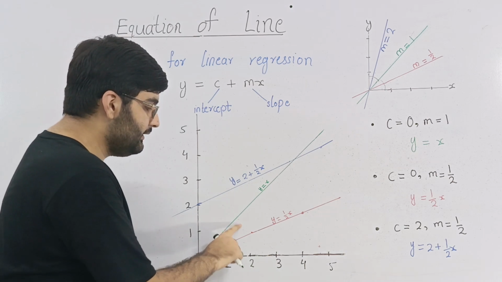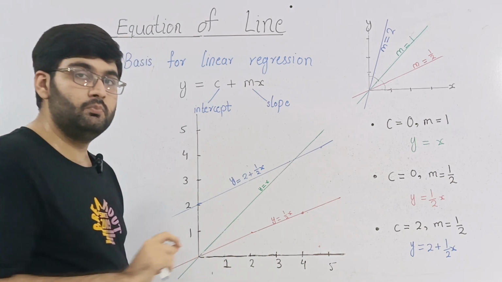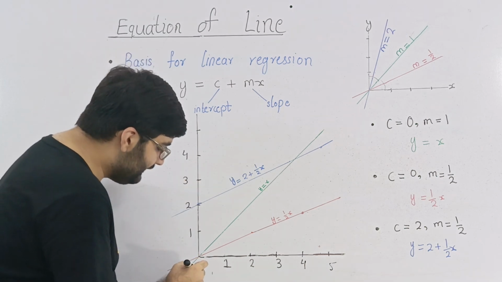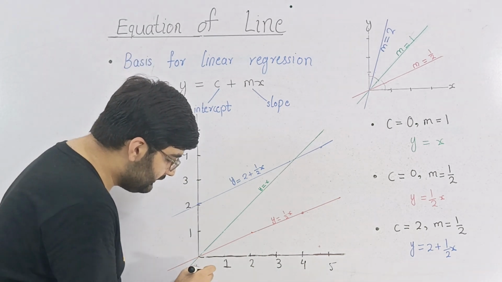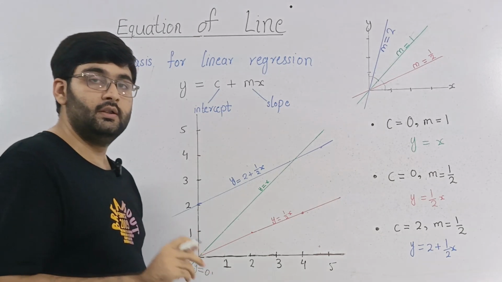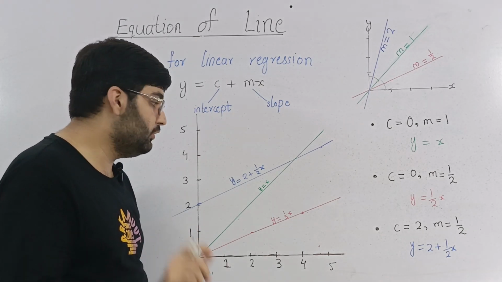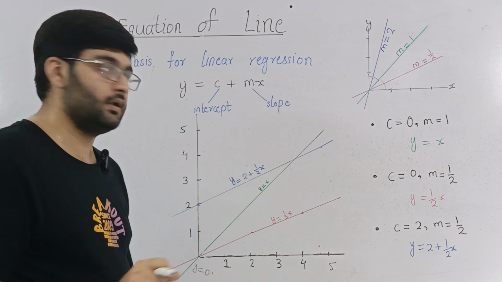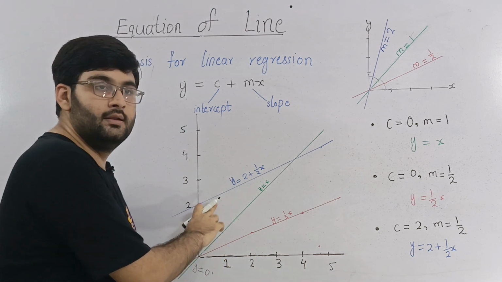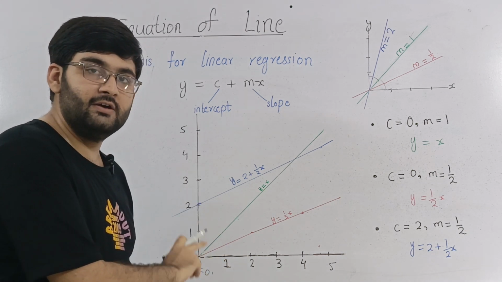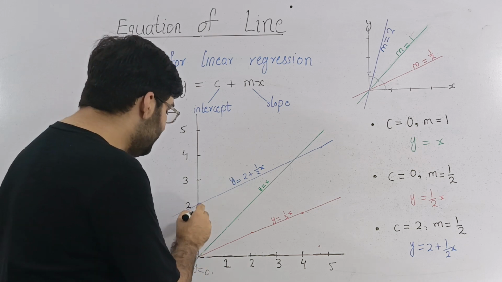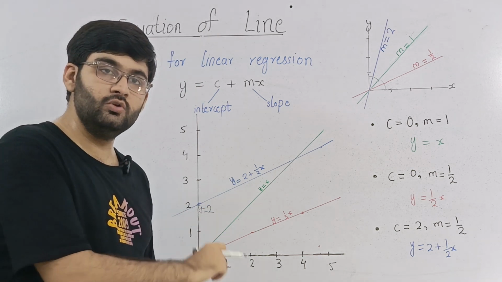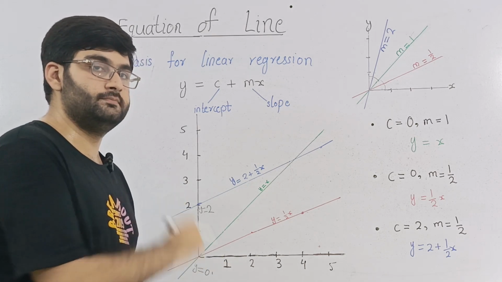The green line and the red line both intersect the y-axis at y equal to 0. So the intercept of both the green and red lines is 0. Whereas the blue line intersects the y-axis at y equal to 2. So the intercept of the blue line is 2.